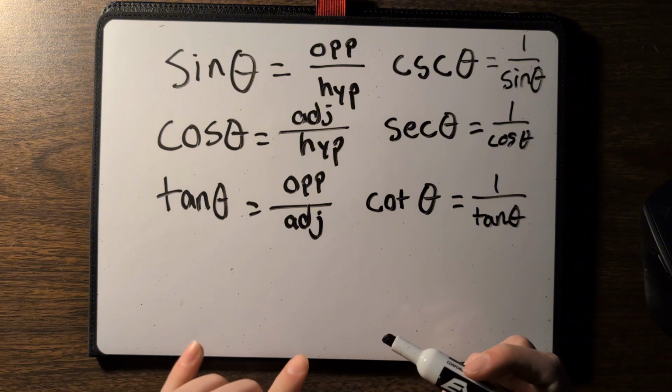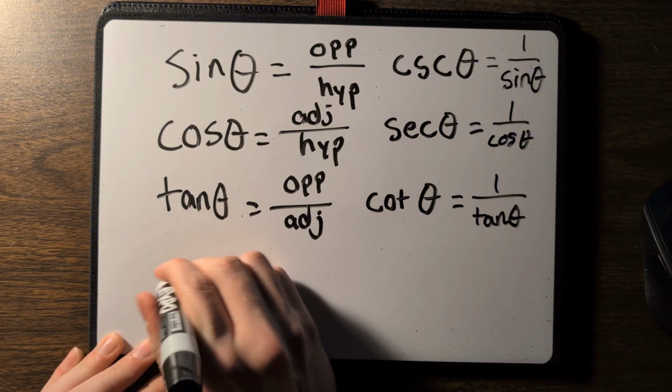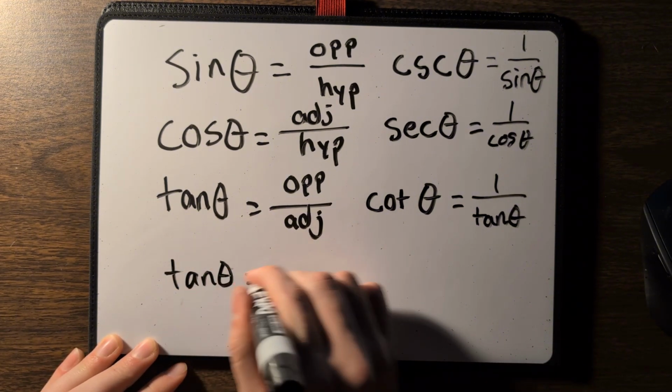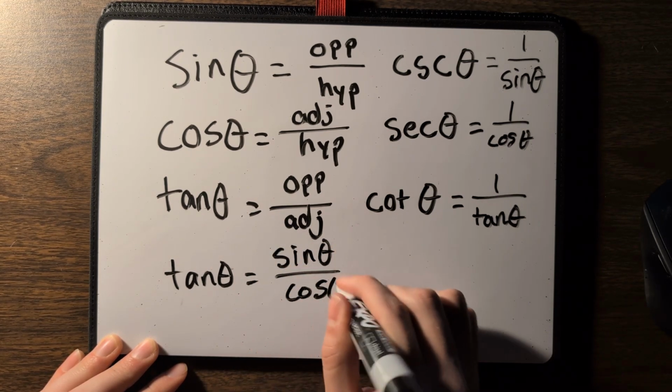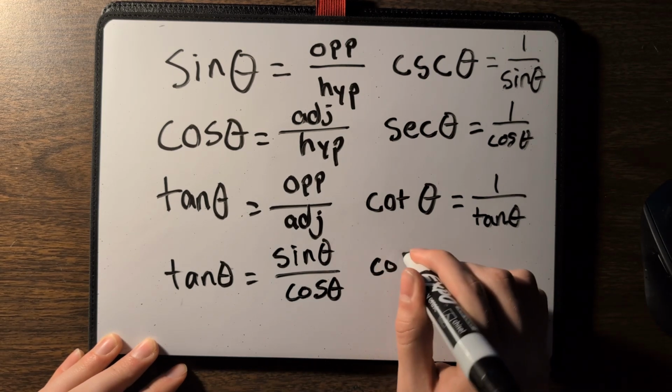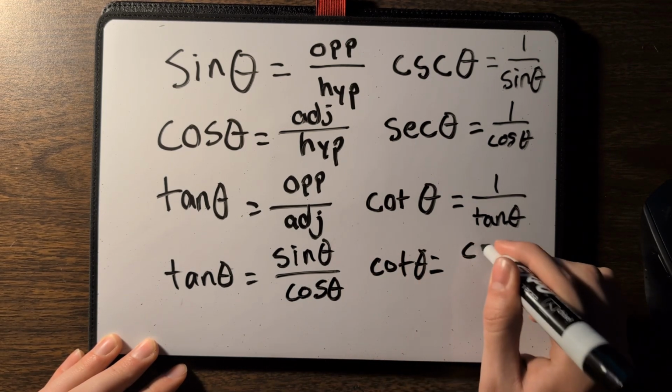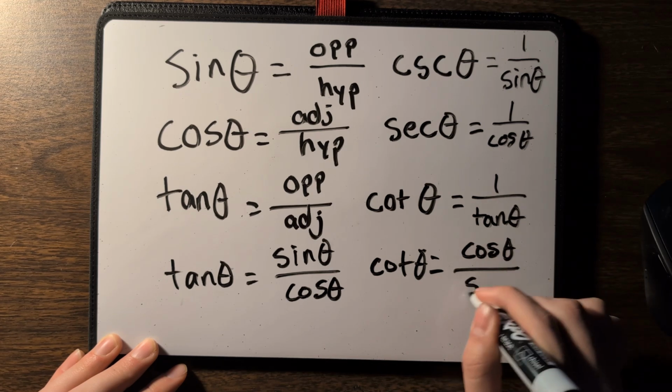Another relationship I want to highlight is tangent theta is really just sine theta over cosine theta, which means that cotangent theta is equal to cosine theta over sine theta.